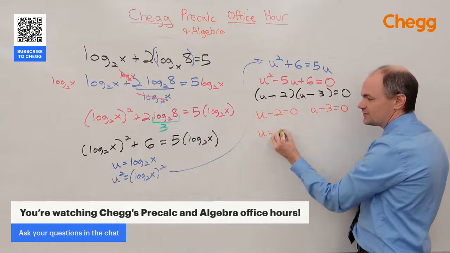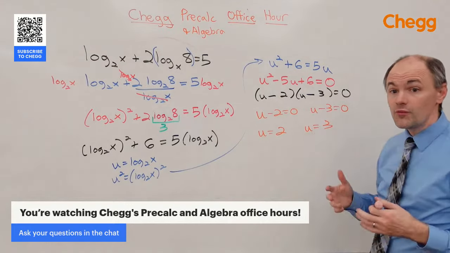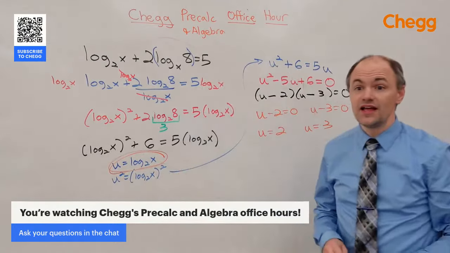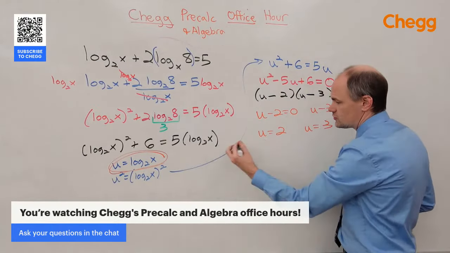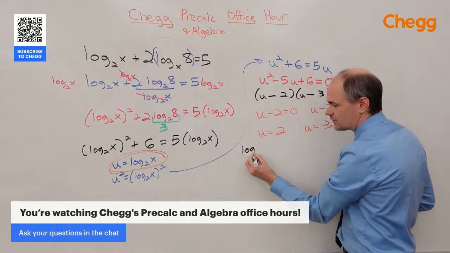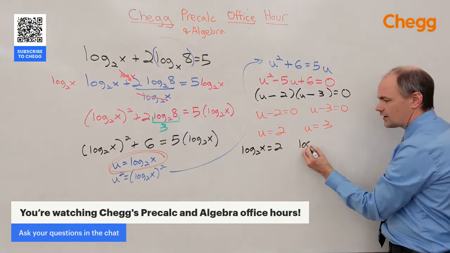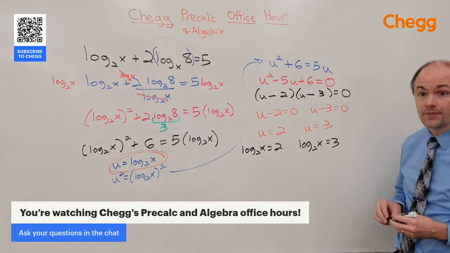Adding 2 to both sides, u is equal to 2, or u is equal to 3. But remember, we weren't actually interested in u, we're actually interested in a logarithm. So let's change the u to log base 2 of x is equal to 2, or log base 2 of x is equal to 3.